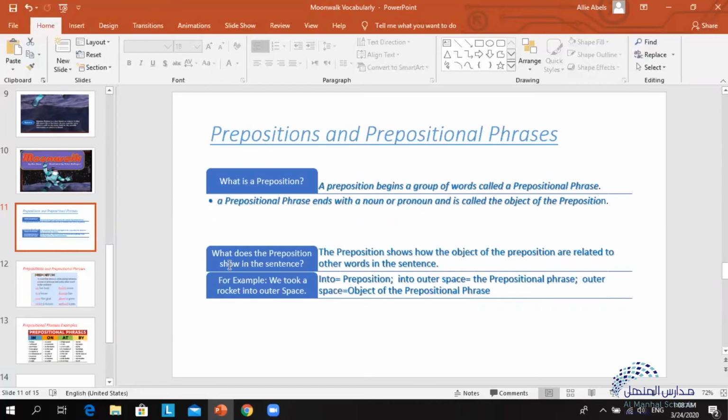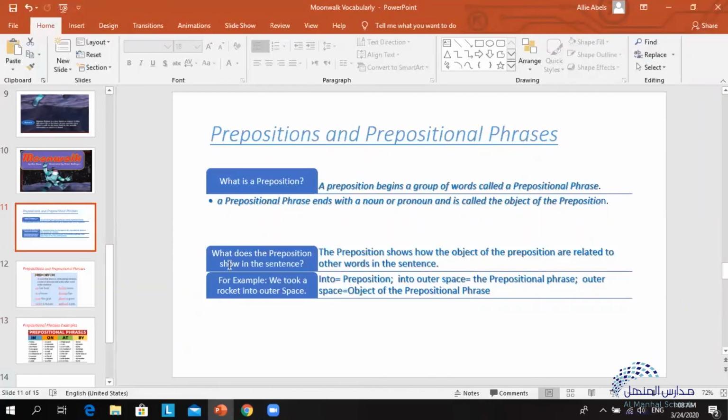So if we use over the rainbow in a sentence, we would say, over the rainbow, some bees and some ants took a walk. So some bees and some ants took a walk, which is connected to the prepositional phrase, which would be over the rainbow. Okay.